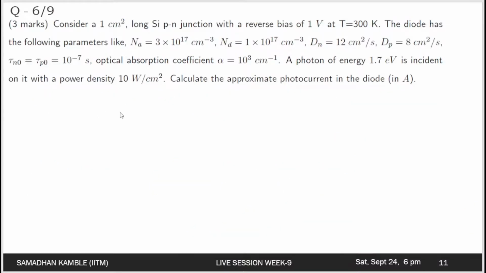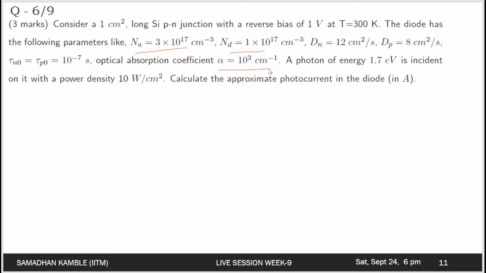Okay, so this question: consider a 1 centimeter squared silicon PN junction with a reverse bias voltage of 1 volt at room temperature, around 300 Kelvin. The diode has the following parameters, like the doping concentrations and other parameters given here.